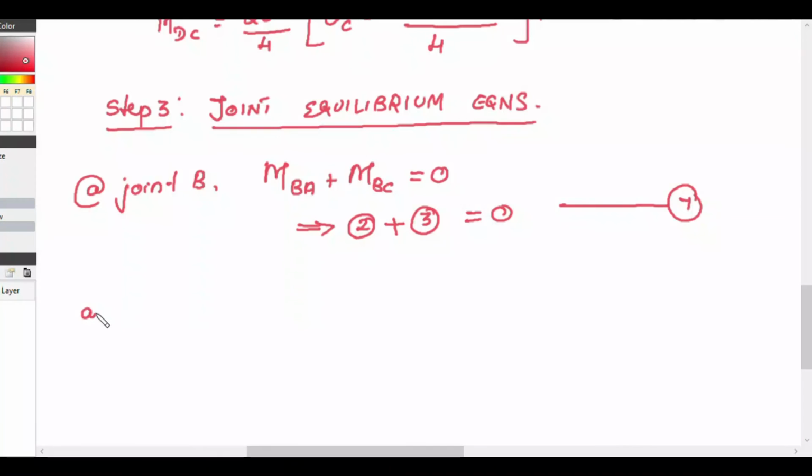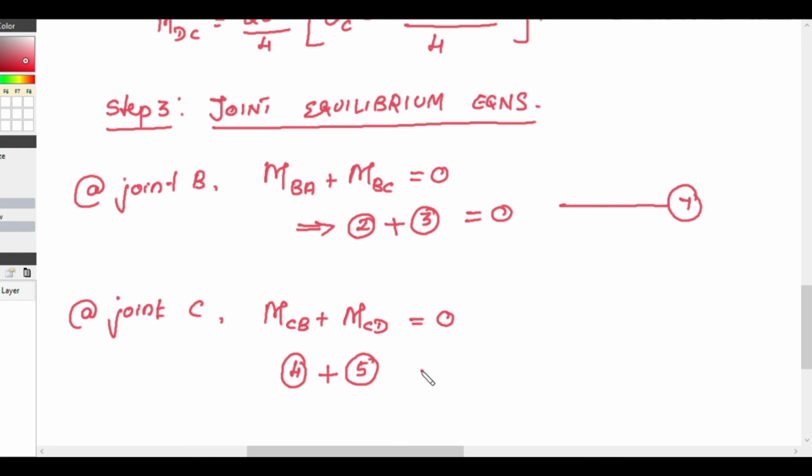Now at joint C, we have MCB plus MCD equal to 0. MCB is our equation number 4 and MCD is our equation number 5, equal to 0. This is another additional equation, and we will number it as equation number 8.